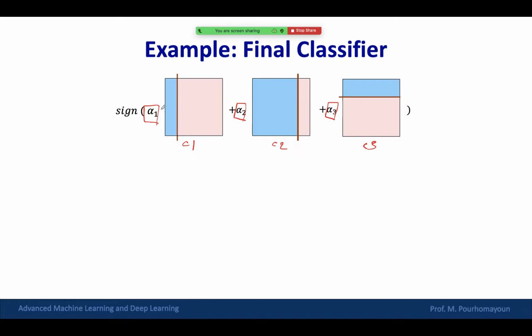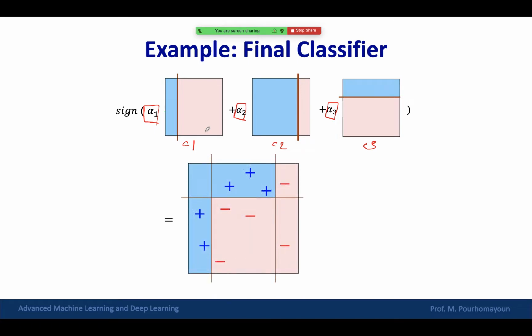The better one gets the higher weight, and then the combination of these three classifiers will be this, which is a perfect classifier in this example with 100% accuracy, right? Look at this, there are 3 lines. By combining them, I get something like that.